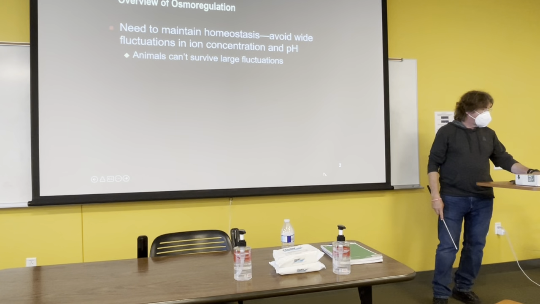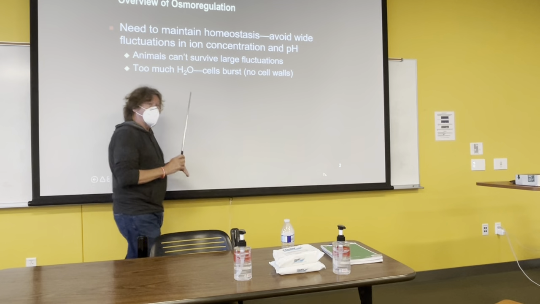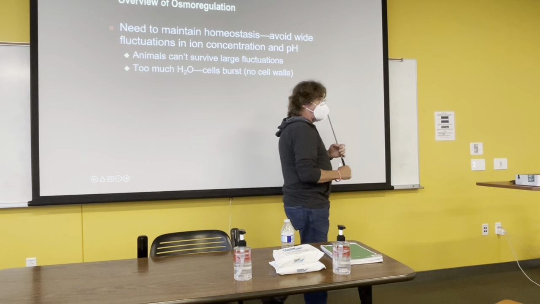osmotic pressure is very important, because if solute concentration inside a cell is higher than solute concentration in the surrounding medium, then water will enter the cell by osmosis, down concentration gradients. And therefore the cells, since they have no cell walls, will stretch and burst, killing the cell.